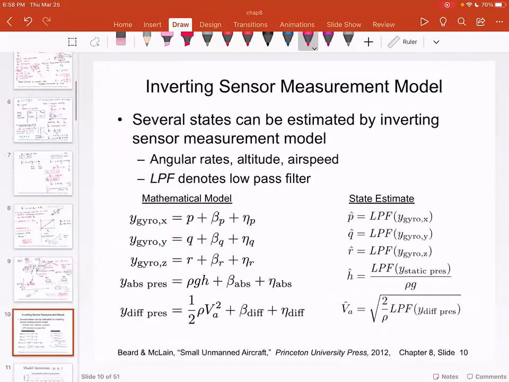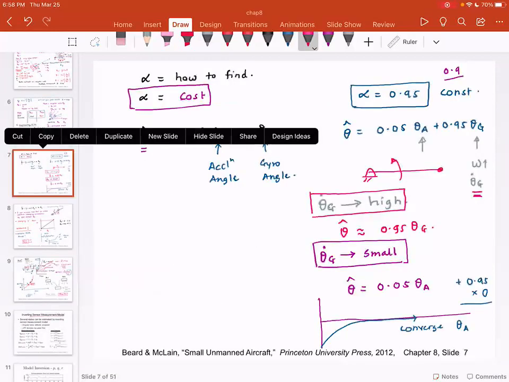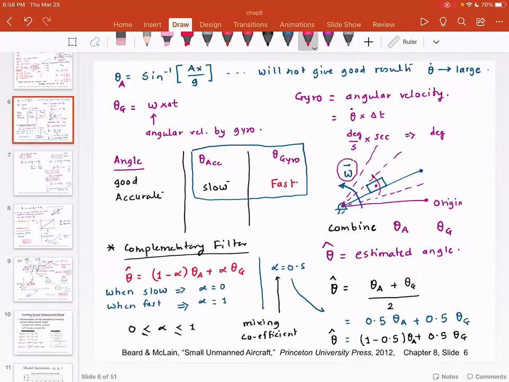Okay, so let's see. The first and foremost, which is the easiest way you can find out the orientation, is called inverting the sensor measurement model. And wait a second, can you see that I actually discussed inverting the sensor measurement model over here?